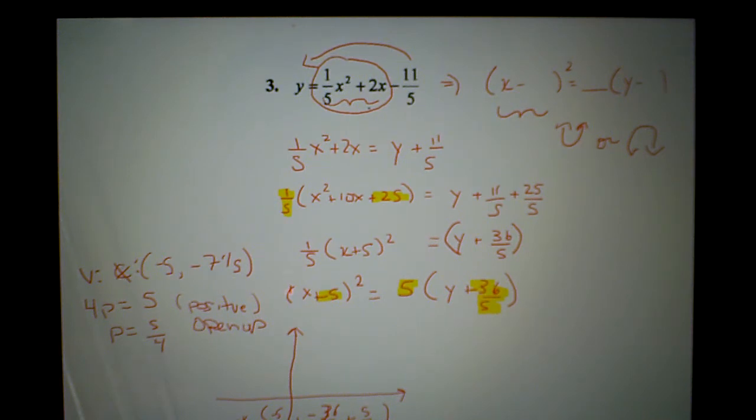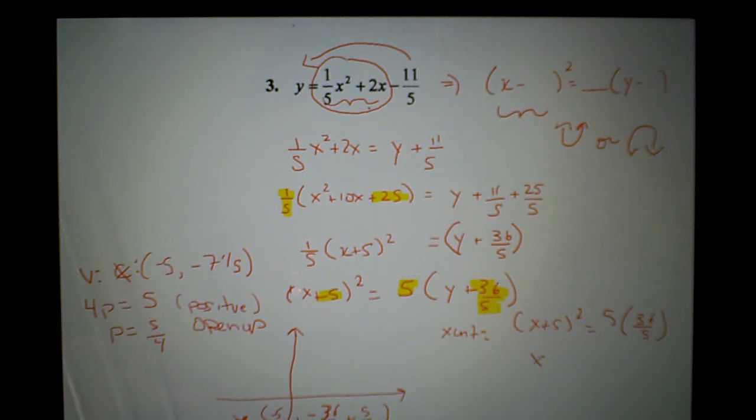Since I open up, and again, I know my parabola is going to go up away from the directrix and capture the focal point. Since this is a quadratic function, I'm going to have 2 x-intercepts and 1 y-intercept. How do I find an x-intercept? I go back to the equation and I put 0 in for y. So to find the x-intercept, I have x plus 5 squared is equal to 5 times 0 plus 36/5, which, shocker, is just going to be 36.